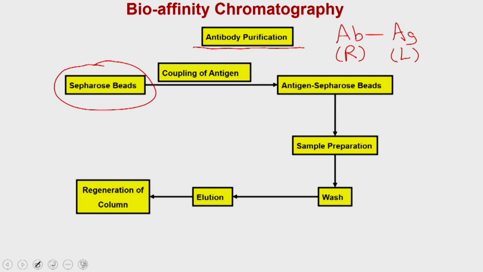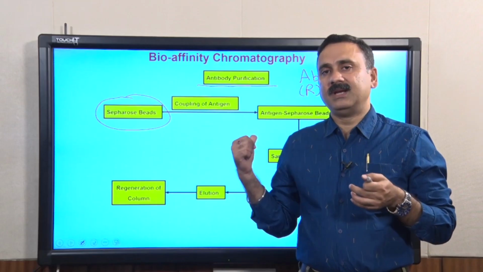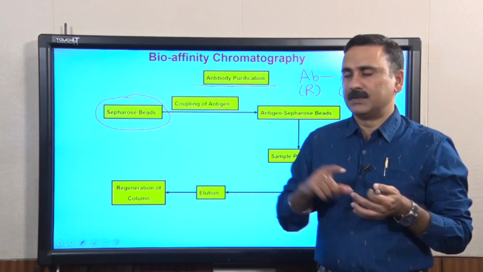So, if you would like to purify the antibodies, you first have to prepare an affinity column, so that you will be able to bind the antibodies which are present in the serum. If you recall, in the previous lecture we discussed how you can generate antibodies in rabbit or mouse. Now we are going to discuss how you can purify the antibodies against the antigen which you used.